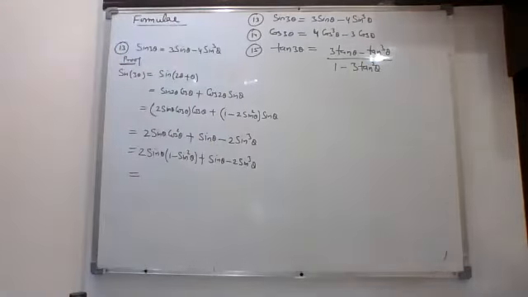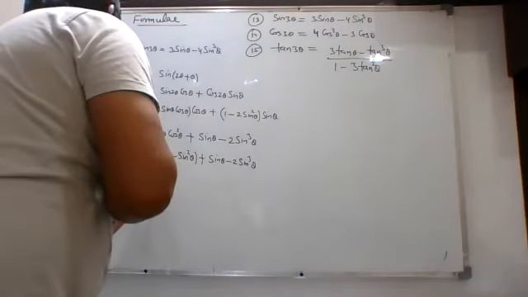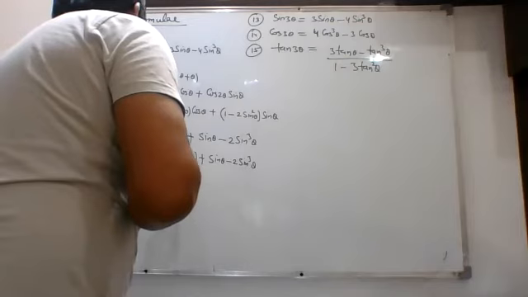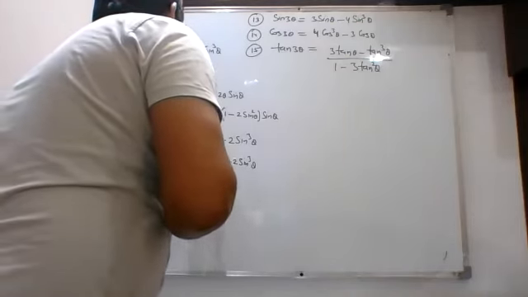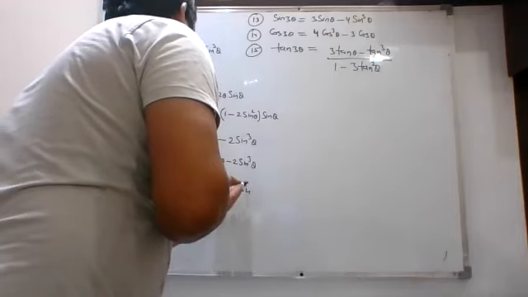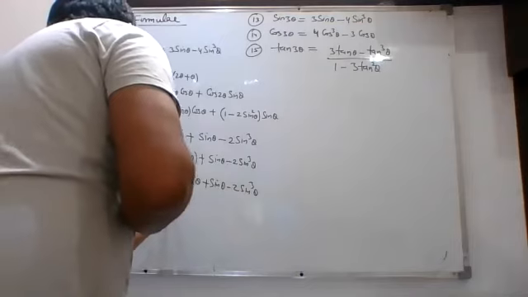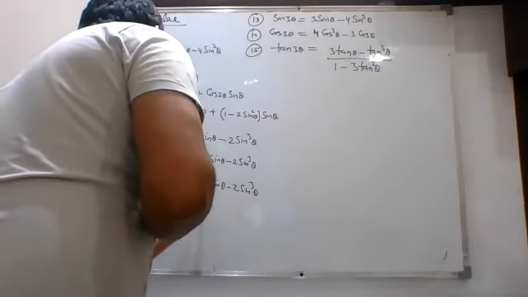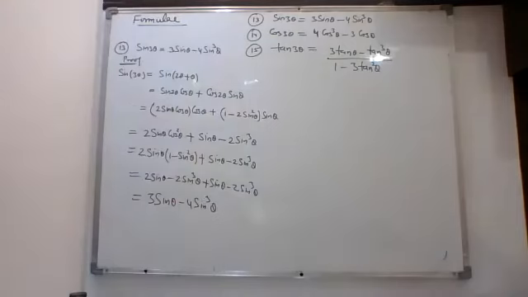After this, just do further calculations. So this will become 2 sin theta minus 2 sin cube theta plus sin theta minus 2 sin cube theta. Just club the like terms. So this will become 3 sin theta minus 4 sin cube theta. Hence proved. So I have proved the 13th formula for you.